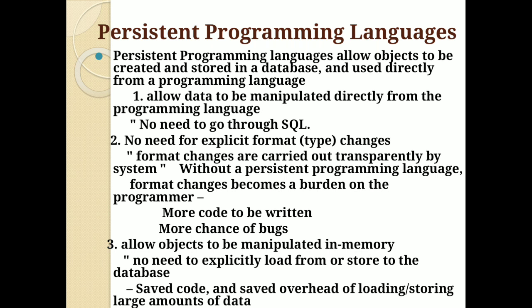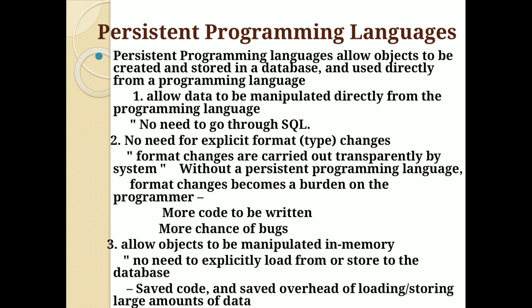No need for explicit format changes. Now, what are format changes? Format changes are carried out transparently by the system. Without a persistent programming language, format changes become a burden on the programmer. Which type of burdens? More code to be written and more chances of bugs.